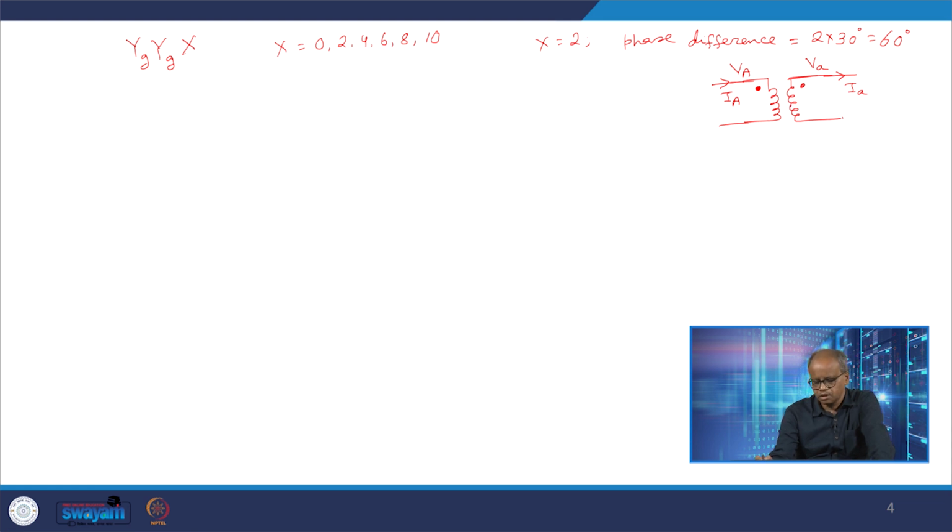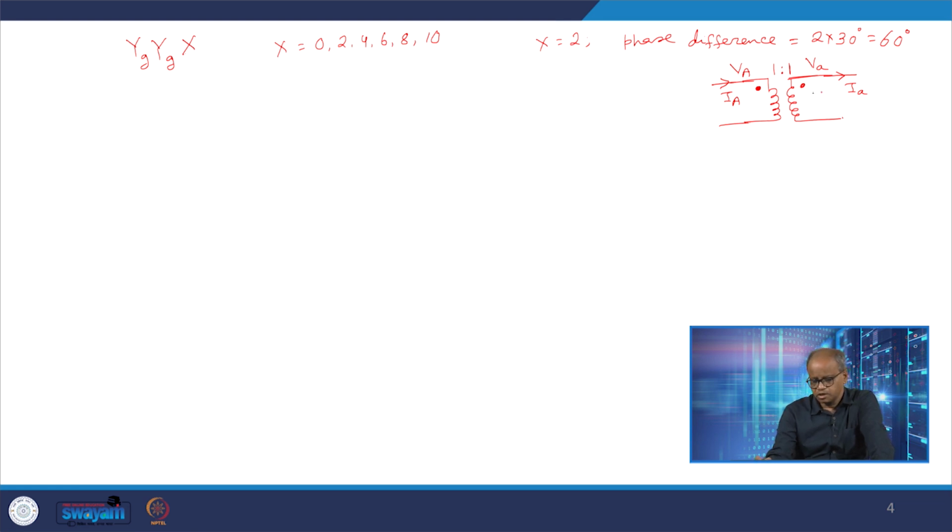If I take the ratio as 1:1, for example, then of course VA and Va would have the same magnitude, and I capital A and I small a would also have the same magnitude. And if there are dots, then VA and Va would be in the same phase, and I capital A and I small a would be in the same phase.